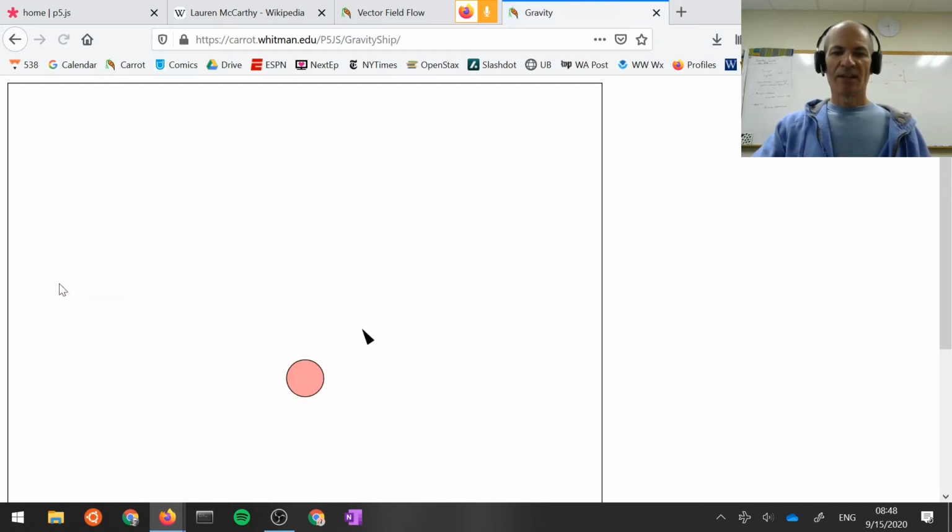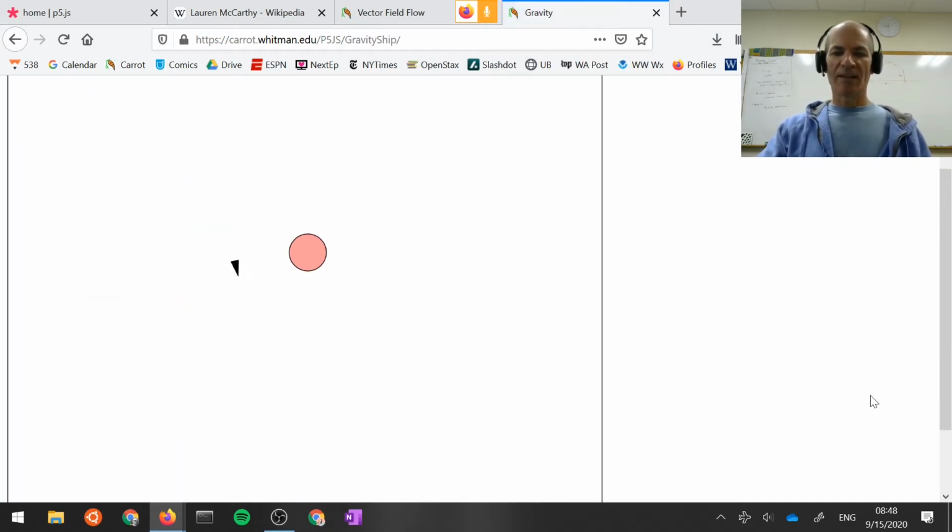So here's a little spaceship, and it is orbiting around some massive planet. And this is entirely simulated. It's using vectors of acceleration for gravity, and this little spaceship, the little triangle, is following its own little trajectory based on Newtonian mechanics.